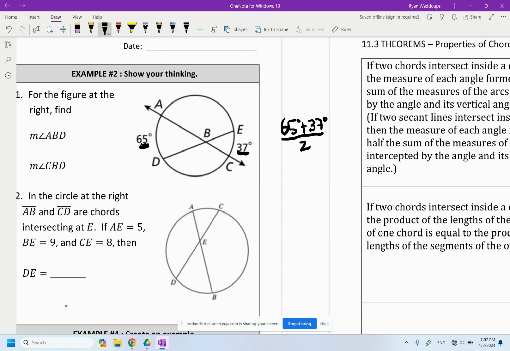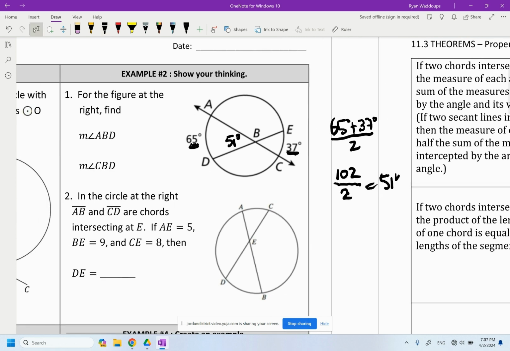So 65 plus 37 would be 102. And 102 divided by 2 would be 51 degrees. That's the measure of angle ABD: 51 degrees.